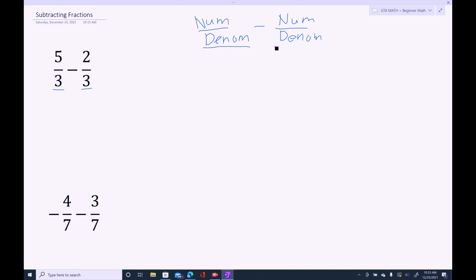The denominators always stay the same. We don't ever change this. So we got 5 minus 2, which is 3, and since we don't change the denominators, we're just going to carry it over. So our answer ends up being 3 over 3, and in this case, we would simplify it into a whole number. So the answer would be 1.